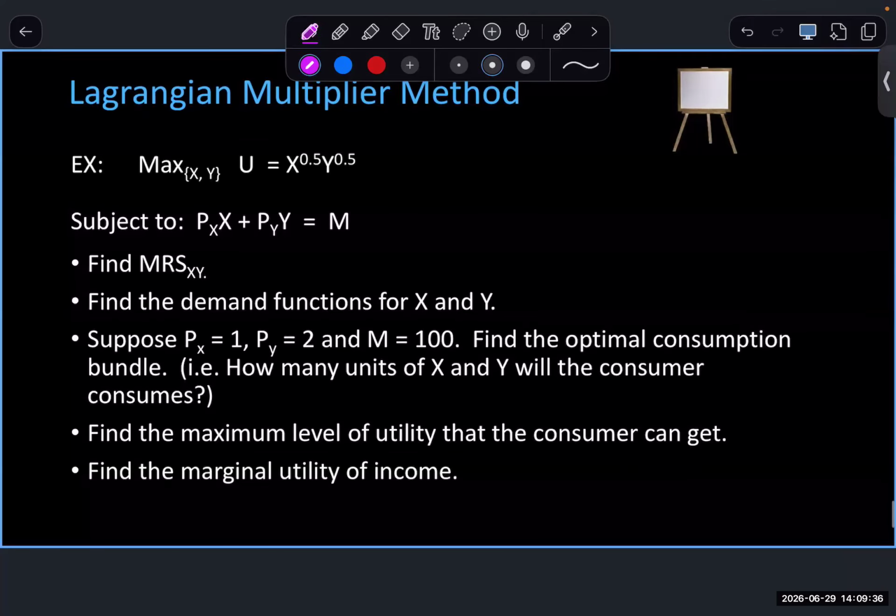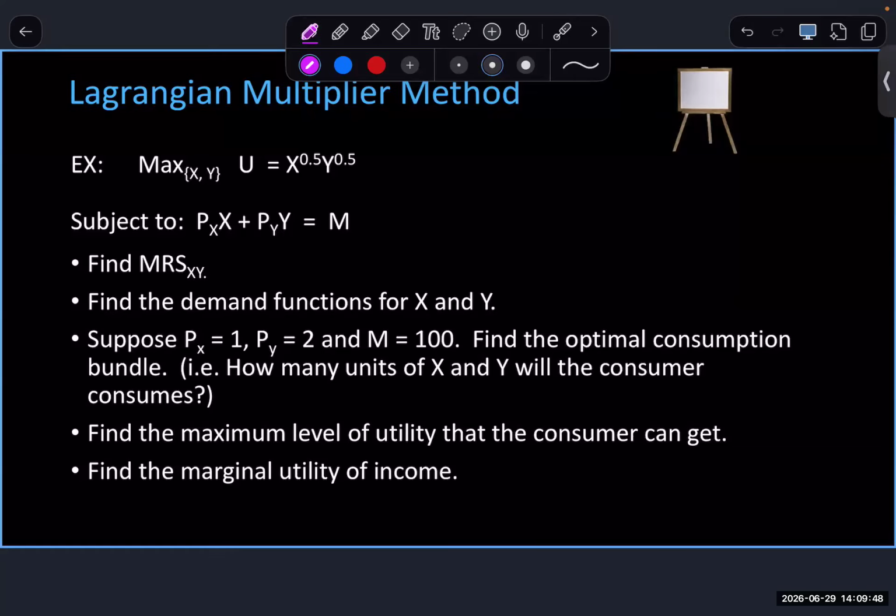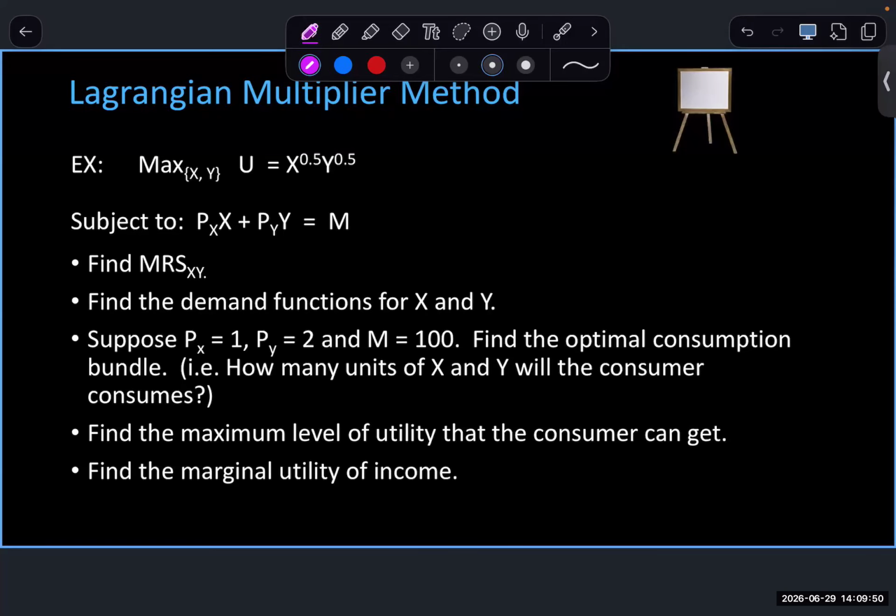The question is, find the MRS of X and Y, and find the demand functions for X and Y. And also, suppose Px equals 1, Py equals 2, and income is 100. Find the optimal consumption bundle. How many units of X and Y will the consumer consume? Next, find the marginal level of utility. What is the maximum level of utility, and also the marginal utility of income?